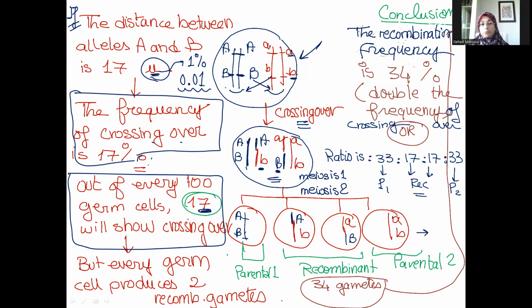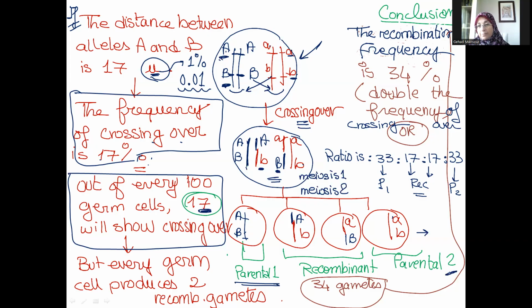non-recombinant. The first one is called a parental 1 gamete because it contains a parental 1. We're focusing on 1 chromosome as if the cell contained 1 chromosome. So we have a parental 1 gamete that is similar to the first paternal chromosome.